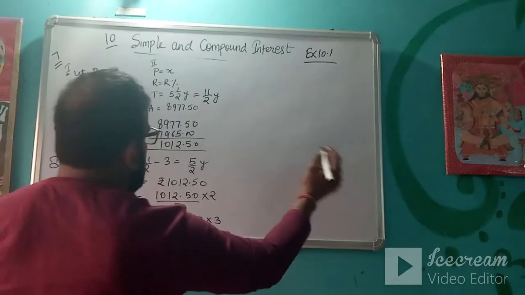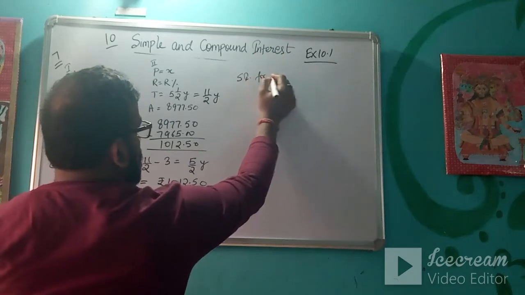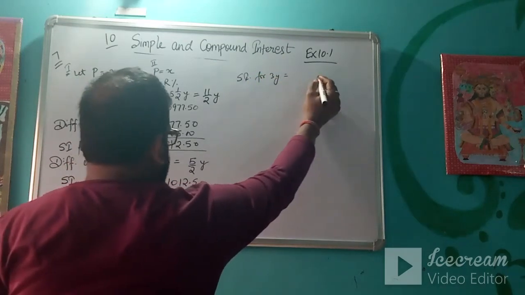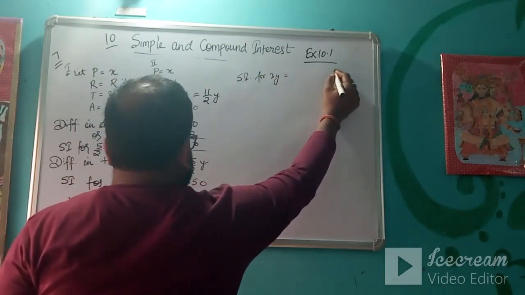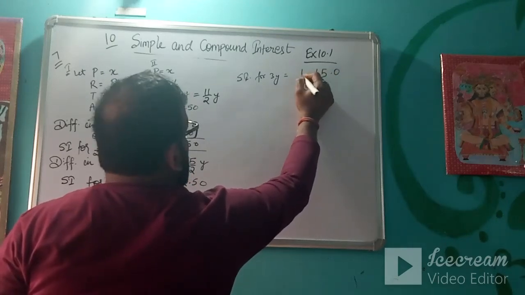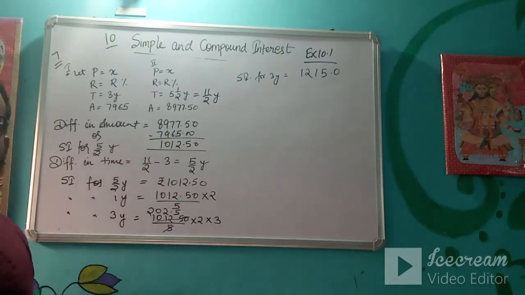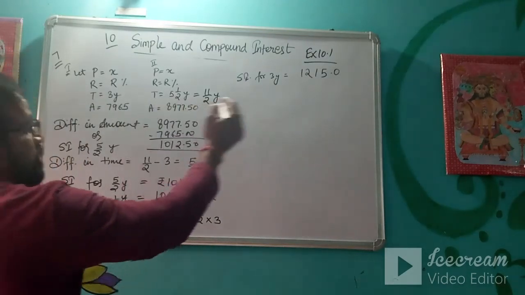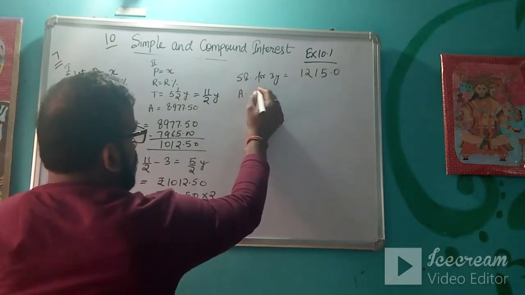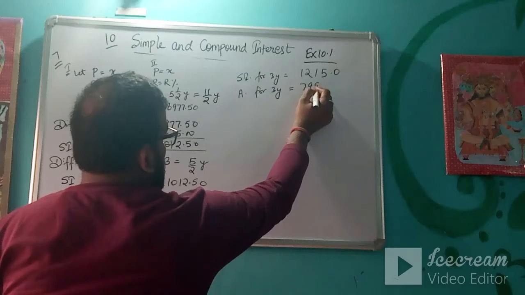502.5. So what is the simple interest for 3 years then? 1215 rupees. This will be the simple interest for 3 years. Then we got the amount for 3 years, which is 7965.